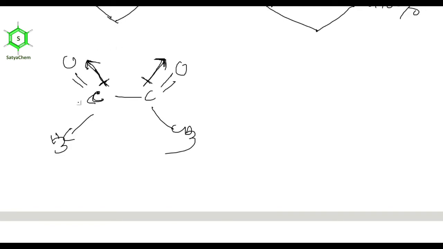As there is severe dipolar repulsion, this compound will rearrange in such a way that dipolar repulsion is minimized. How will it minimize?